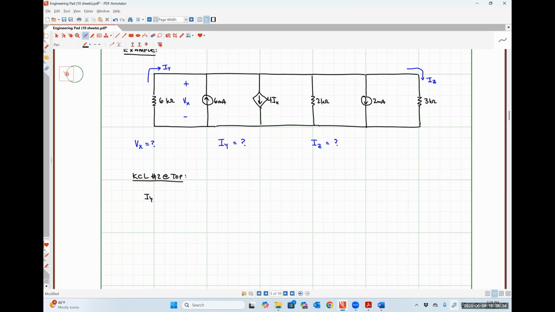Out. Sorry, so I think it's flowing in as well. What about the 4Ix dependent current? Is that flowing in or out? Out. So it's going to get a minus sign.